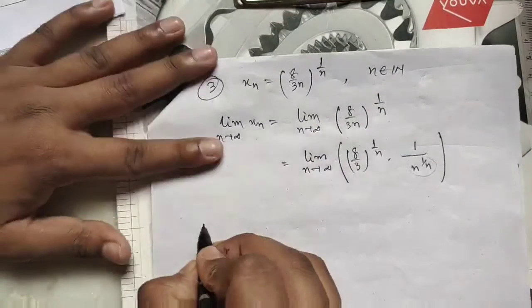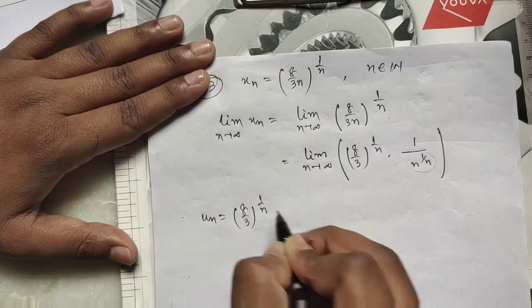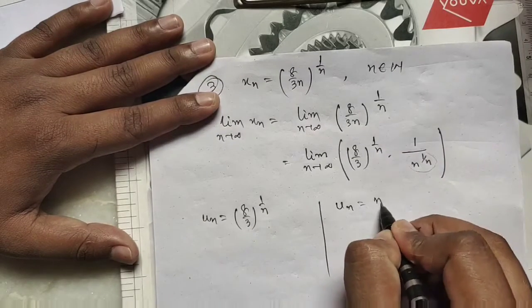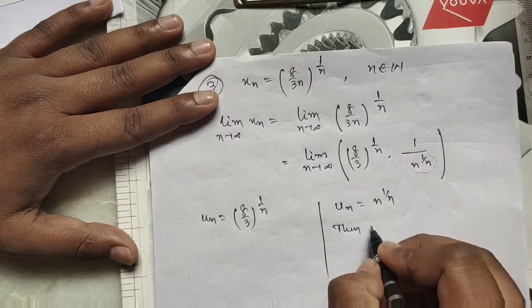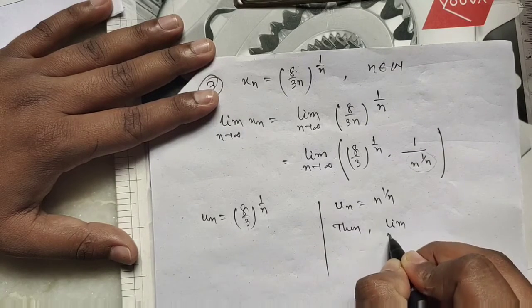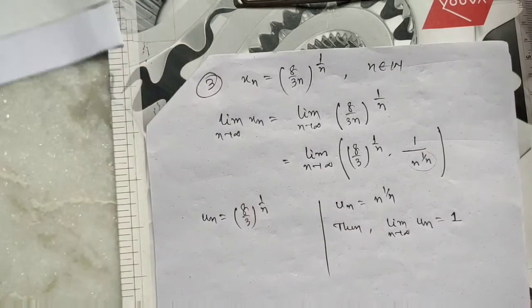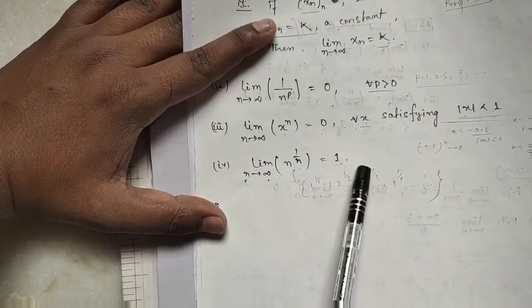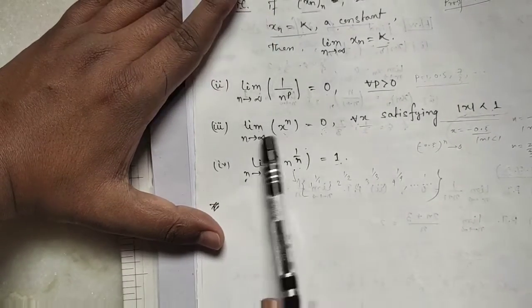So if we take un equal to (8 by 3) whole to the power 1 by n and vn equal to n to the power 1 by n, then limit n tends to infinity vn equals 1, by this theorem we discussed in previous classes. Clear?